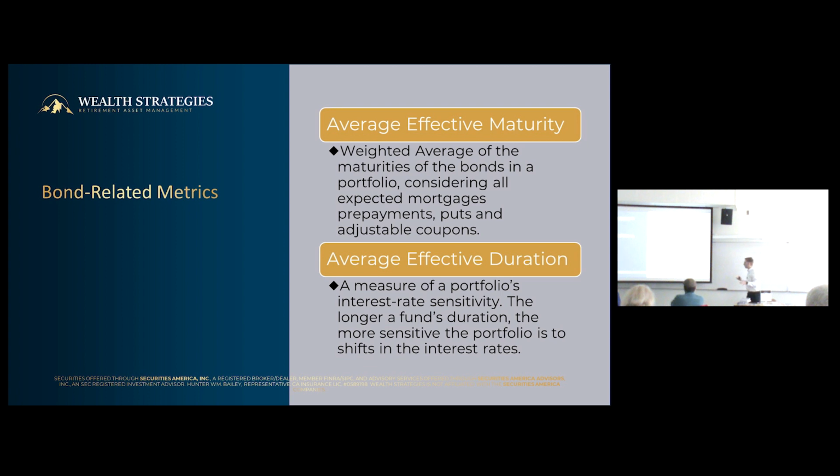The way you can calculate it is to think that for every 1% change in interest rates, that is how far up or down the fund moves, relatively. So if I have a duration of 3, if interest rates were to drop by 1%, my bonds should go up about 3%.